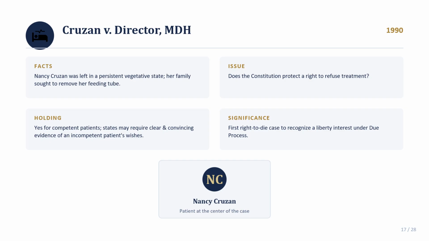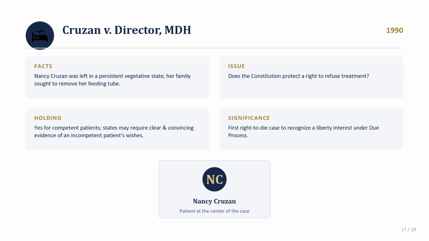In the absence of a written advance directive or sufficiently clear prior statements, family members could find themselves unable to meet this heightened evidentiary burden, even when they were genuinely confident about what their loved one would have wanted. And that exact gap, the absence of clear documentation, is the situation at the center of the Terri Schiavo case, which we're going to talk about next.